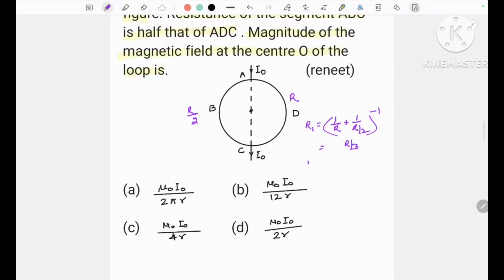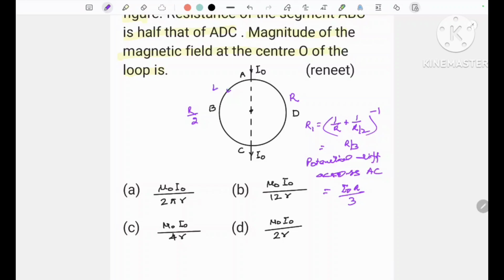So the potential difference across AC will be I dot R by 3.